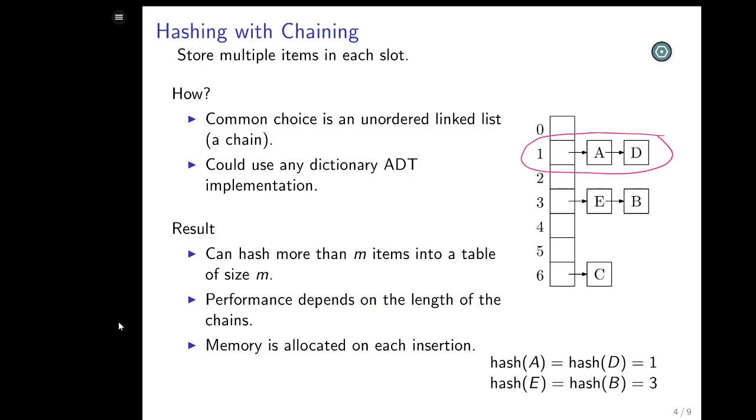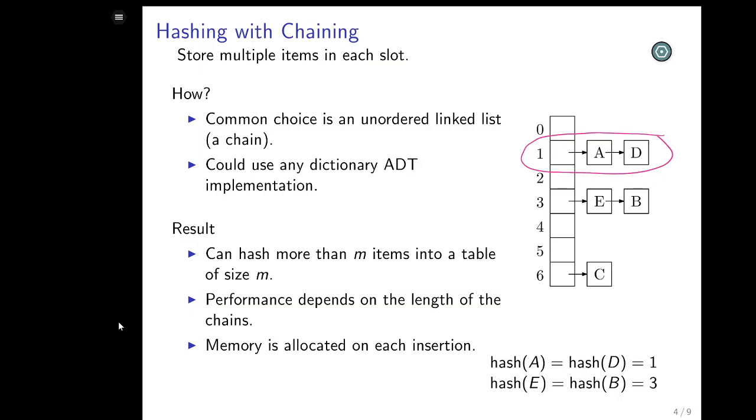And there are some downsides in that I have to allocate memory on every single one of those insertions. I have to create a linked list node in order to put something into the table. If I didn't have to do that, that would be good, but okay. I'm getting something for it. I'm allowed to have the number of keys in the table exceed the size of the table.